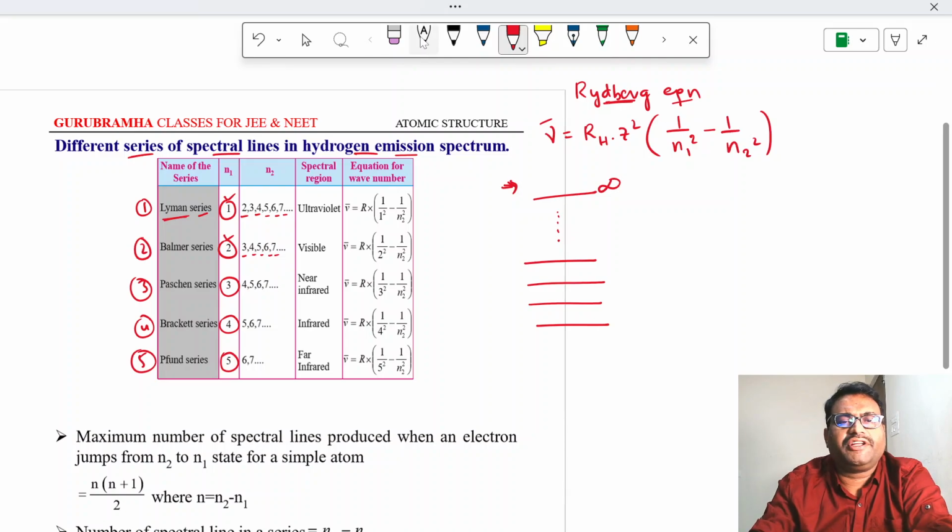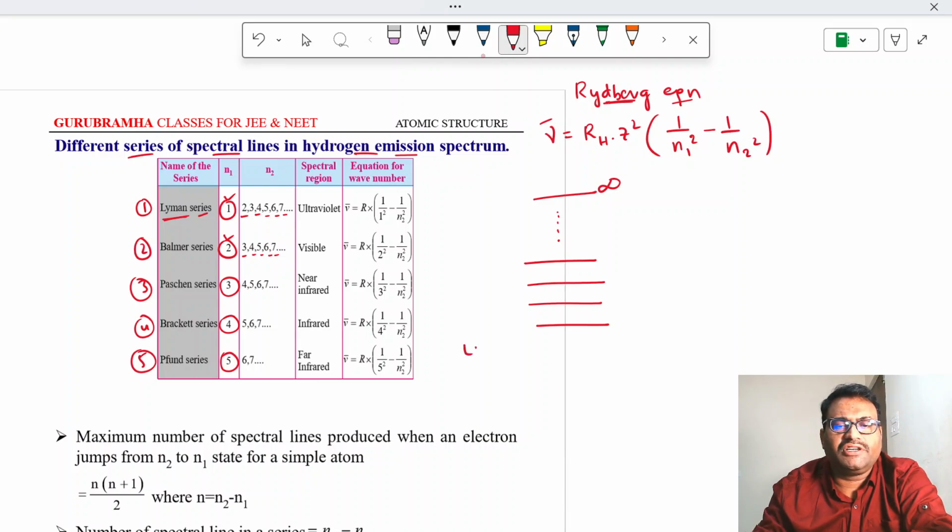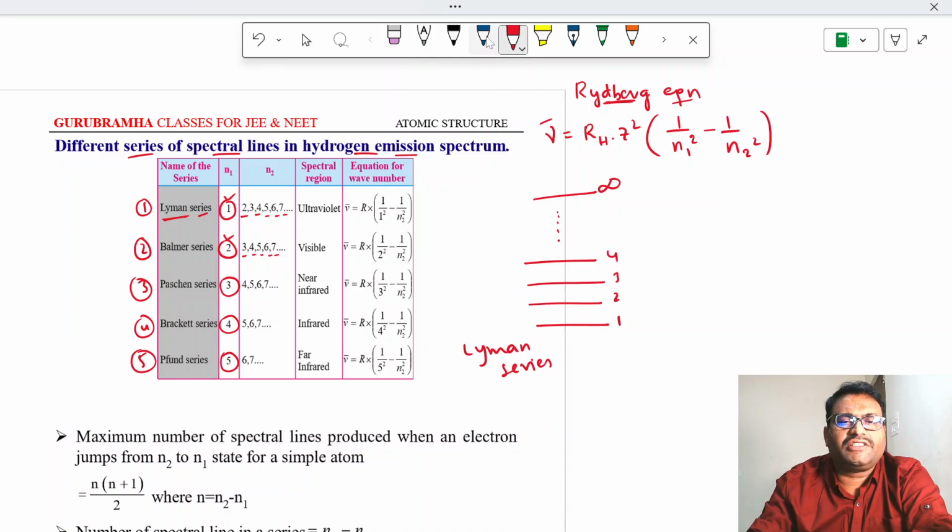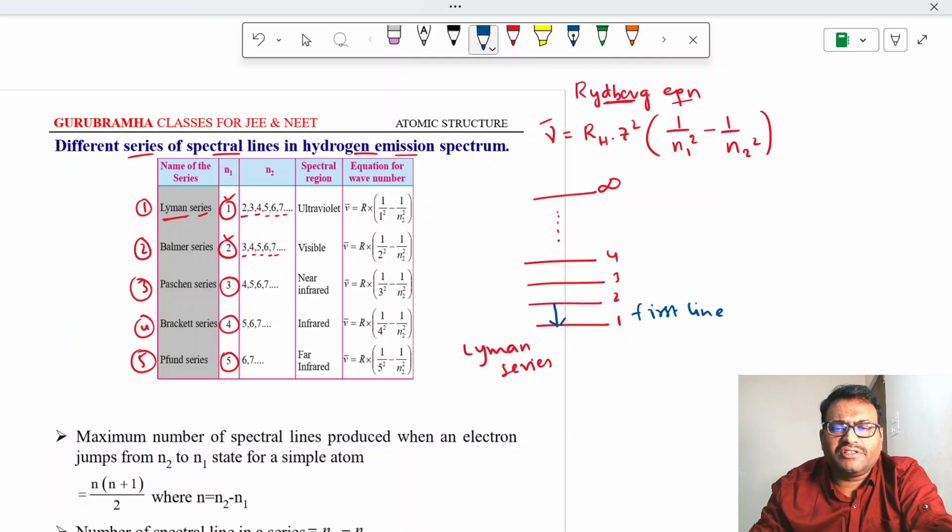When the electron de-excites from the second energy level to the first energy level, this is called the first line. First line means n1 is equal to 1, n2 is equal to 2, when you substitute in this Rydberg formula.